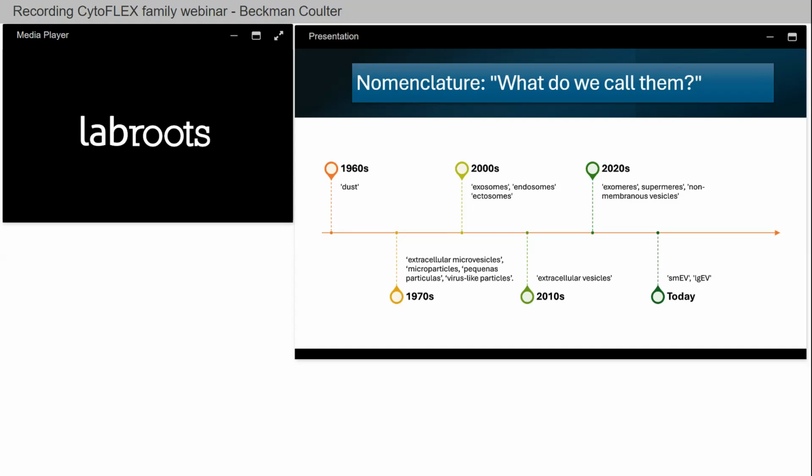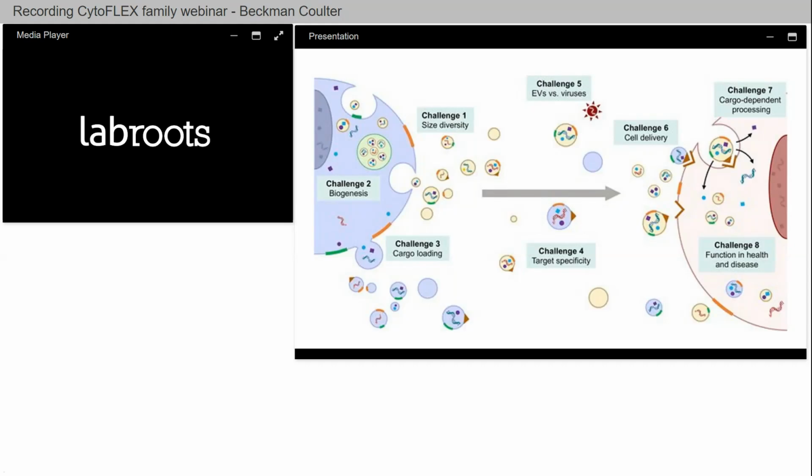So let's take a little further look at the importance here. We have biogenesis, size diversity, and the question of can we load them? How do we get them to be very specific to a target for actual delivery of their contents or cargo? And what effect do they have on function in health and disease, or as an immunotherapy, targeted therapy, diagnostic, or prognostic?